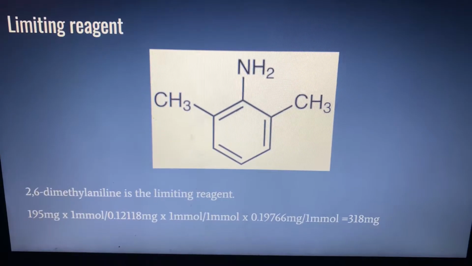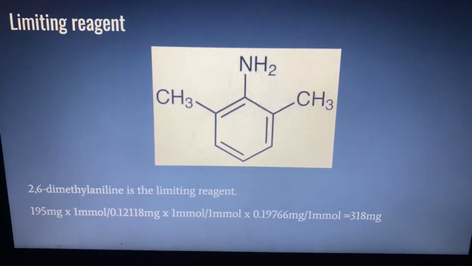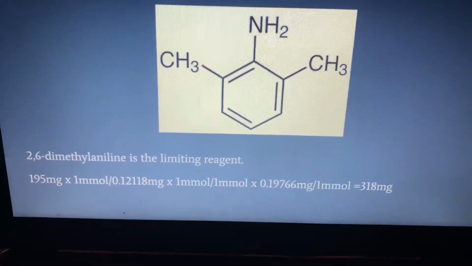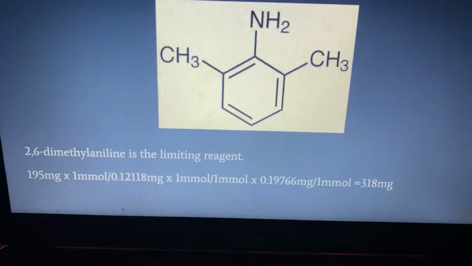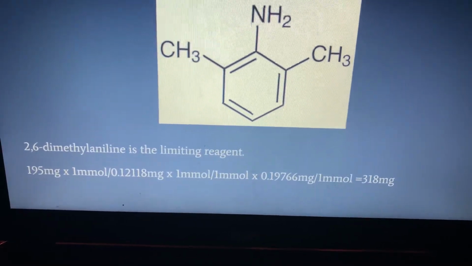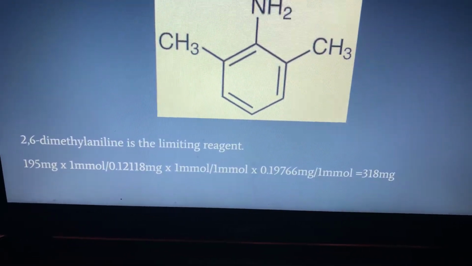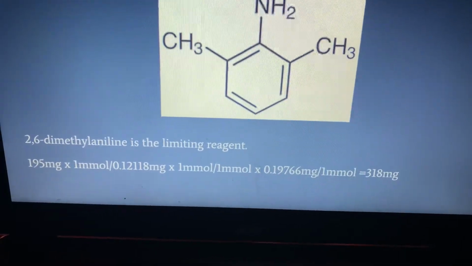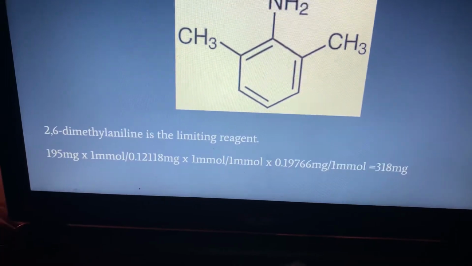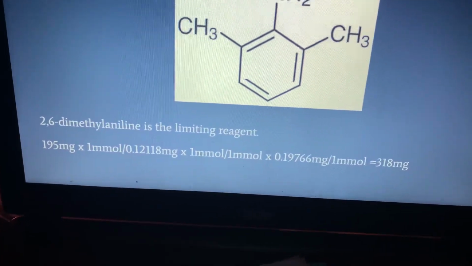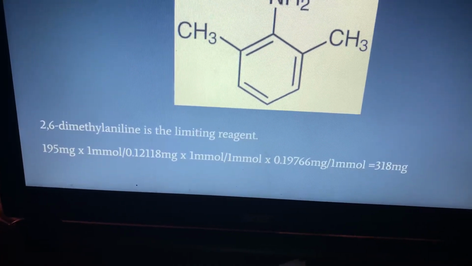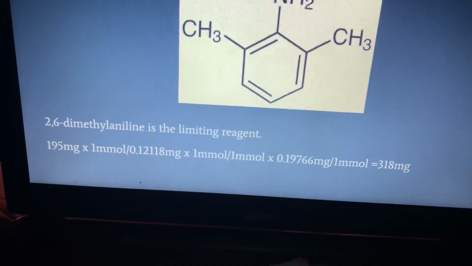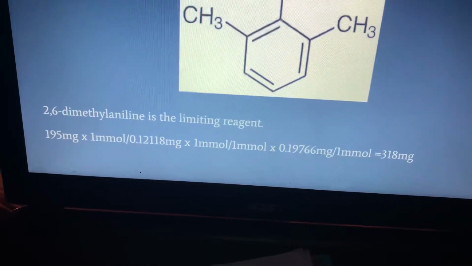Then you multiply that by the 1 millimole of N-chloroacetamide over 1 millimole of dimethylaniline. Finally, you multiply that by the molecular weight of the N-chloroacetamide, which is 0.19766 milligrams. And you want to put that over 1 millimole, which is going to give us our final product.